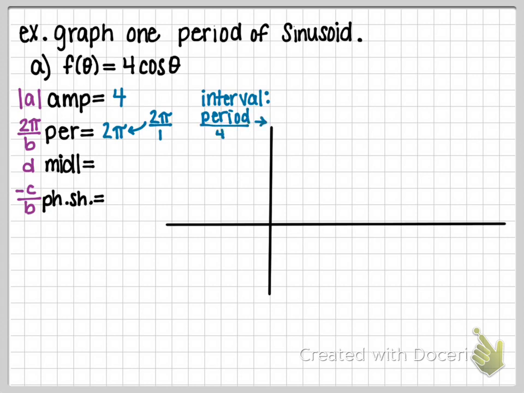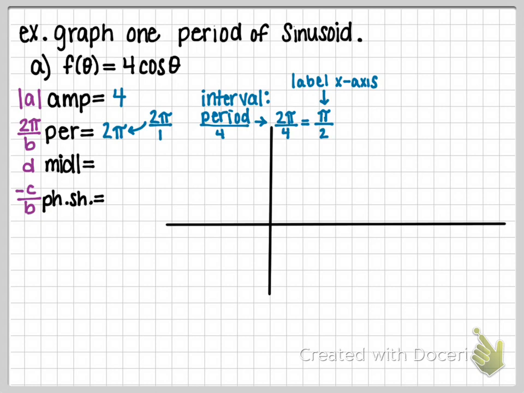So, right now, we have 2 pi, and we're going to divide that by 4. And that means that our interval for these major things to happen is going to be pi over 2. And pi over 2 is usually how I label my x-axis. That's going to help me label my x-axis here in just a few minutes.